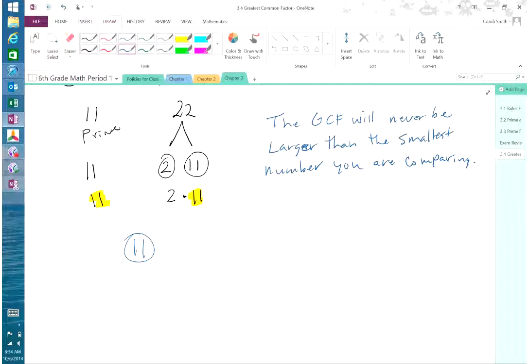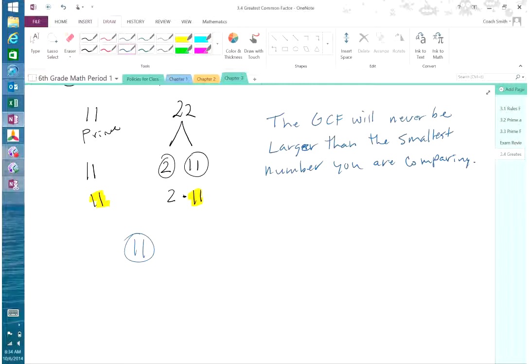Can I multiply 12, because it's supposedly the greatest common factor of the numbers. So it's a factor, so that means I have to be able to multiply this times something else and get both of my numbers. So can I take 12 and multiply it times a whole number and get 11?